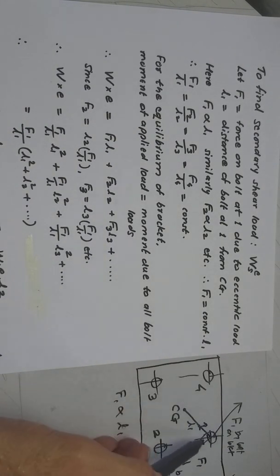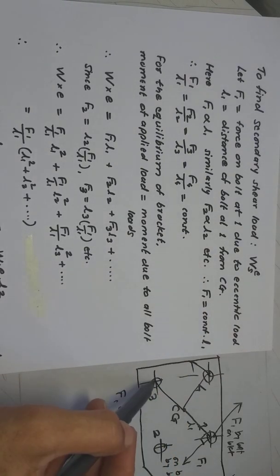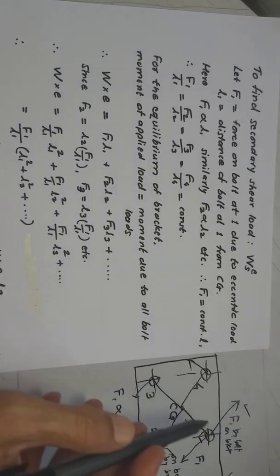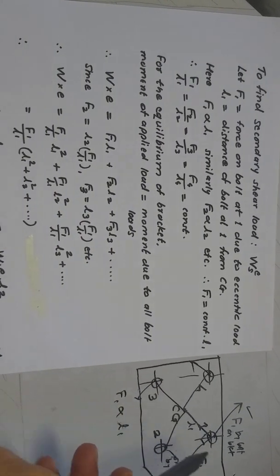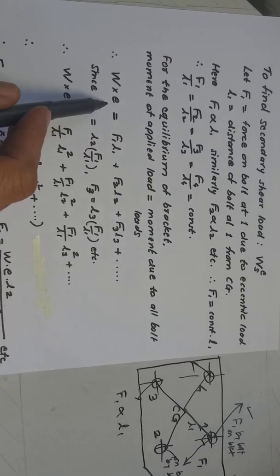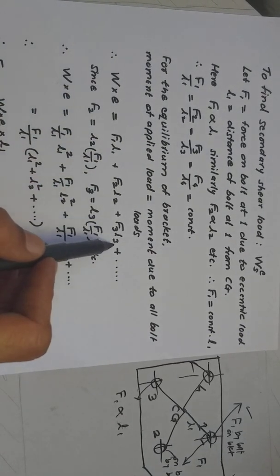So F1 into L1 is called the opposite moment. Similarly, everywhere there will be opposite moments created, so we are going to collect all these opposite moments. I'll write here W into E, where E is the eccentricity. So W into eccentricity E equal to F1 into L1 plus F2 into L2 plus F3 into L3 and so on.